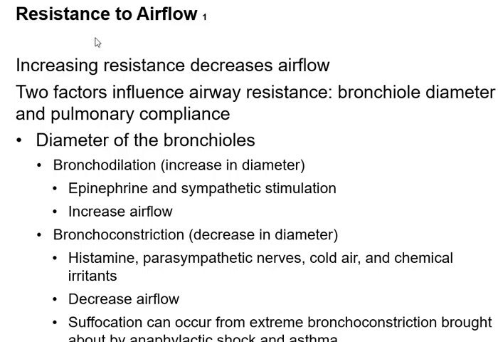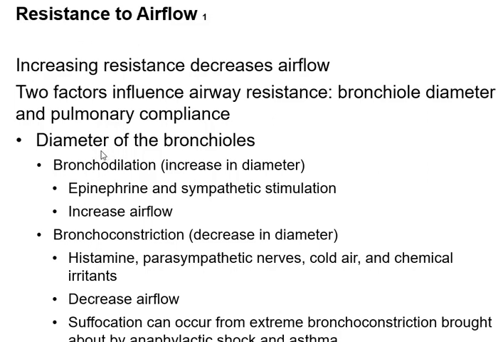So some of the things that have to do with resistance is the diameter of your bronchioles. So if you've got anaphylactic shock going on, if you have asthma, then you're going to have a narrowed airway. Obviously, if you have lung cancer in your bronchial tubes, you have a narrowed airway. So you're going to have resistance to the airflow.